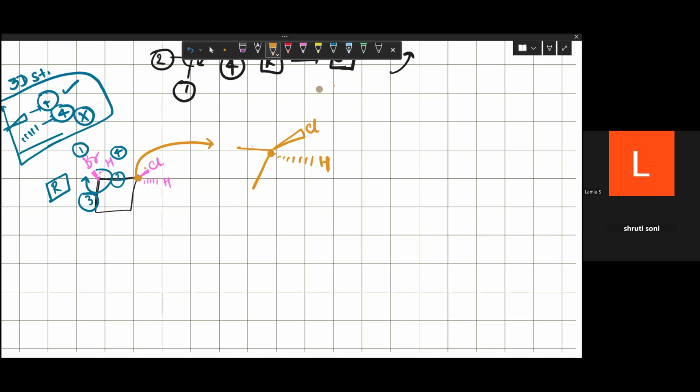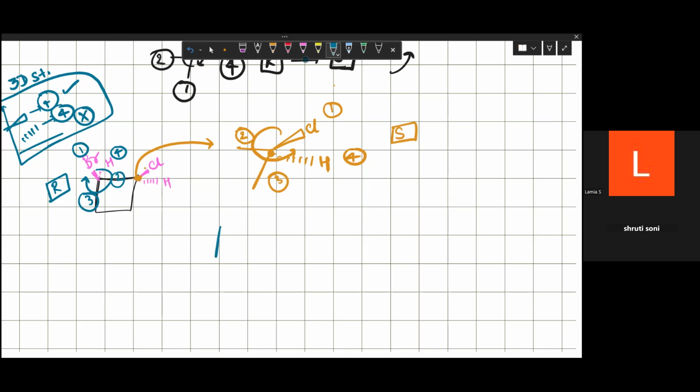Okay, start giving priority. This is the first, second, third, fourth. Is it clockwise or anti-clockwise? It is anti-clockwise. Anti-clockwise means S. Do we need to change? No, no. Very good.